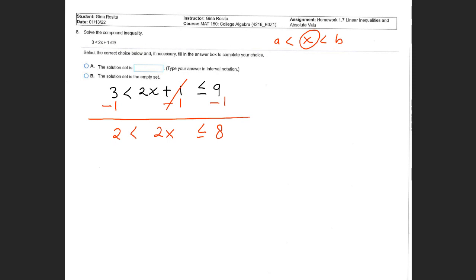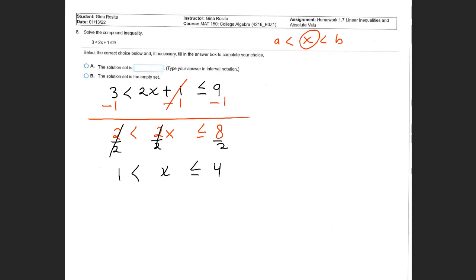Now what next? Remember our goal, x in the middle. So we divide by 2. Divide all parts by 2: 2 divided by 2 becomes 1 less than x, less than or equal to 8 divided by 2 is 4.